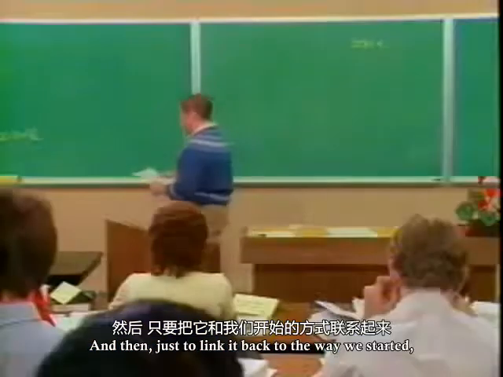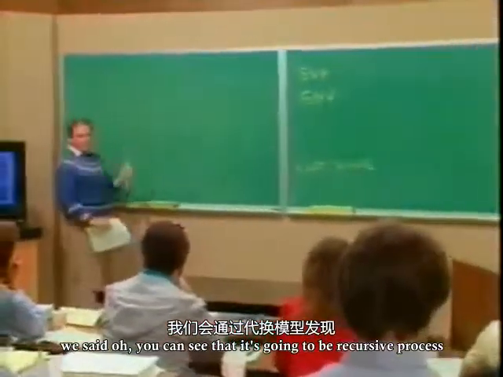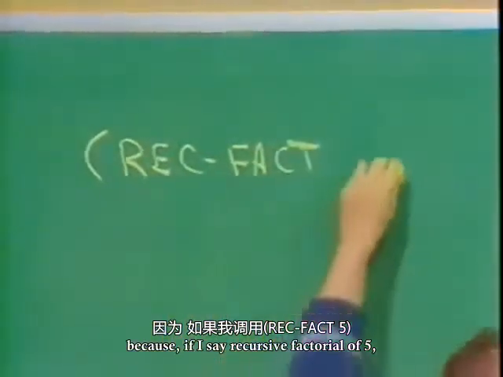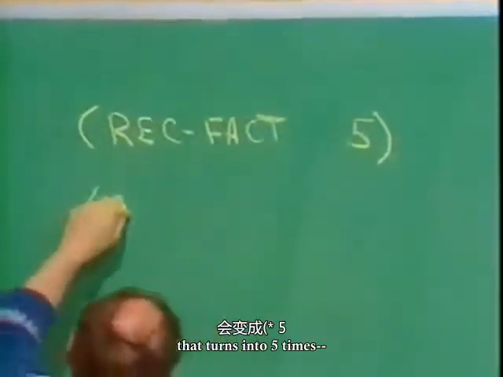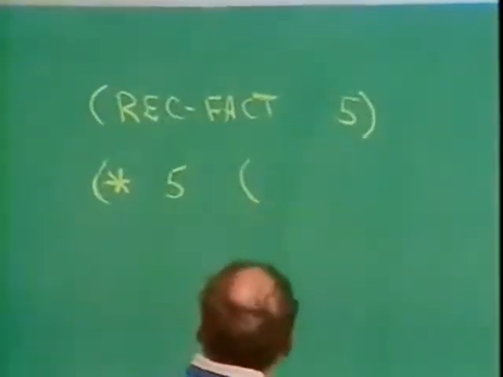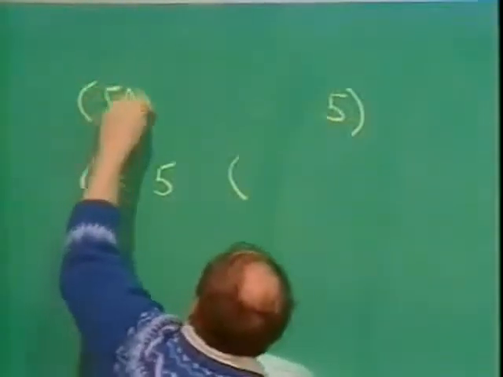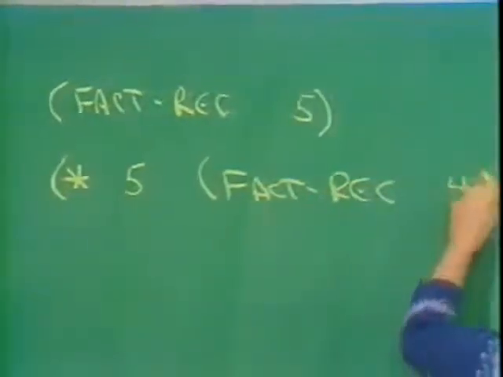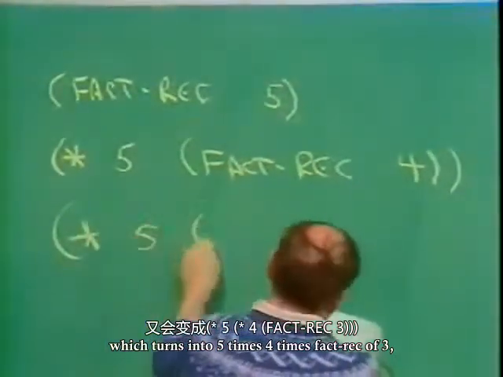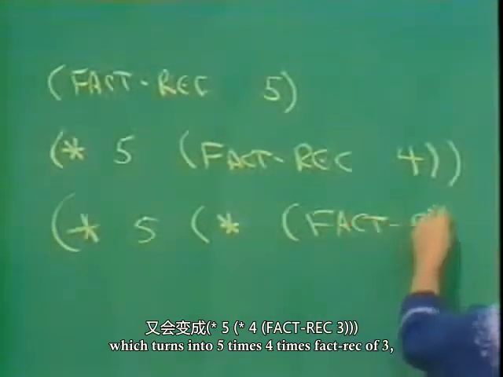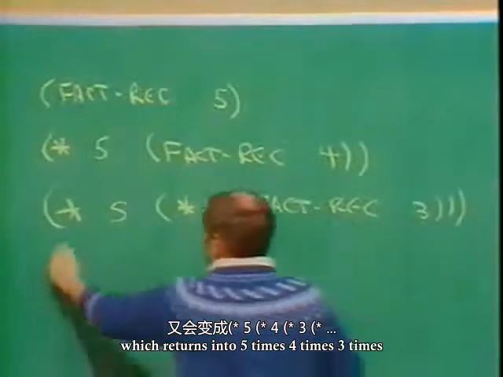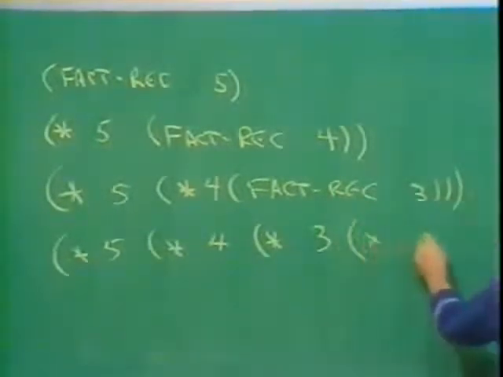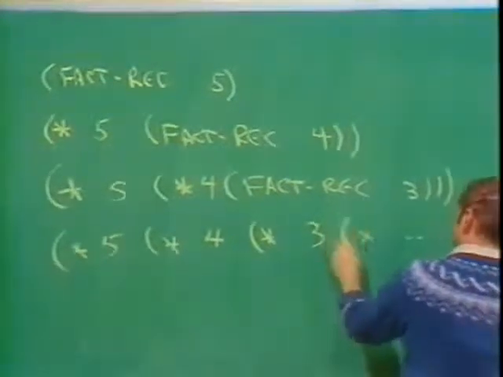And then just to link it back to the way we started, we said you can see that it's going to be a recursive process by the substitution model, because if I say recursive factorial of 5, that turns into 5 times recursive factorial of 4, which turns into 5 times 4 times fact rec of 3, which turns into 5 times 4 times 3 times, and so on.